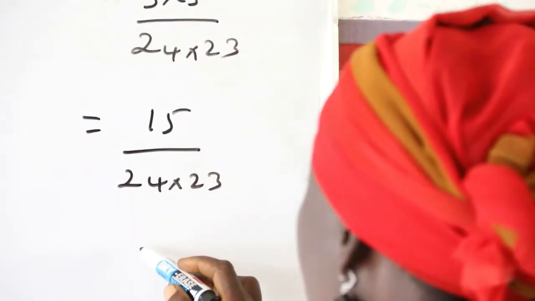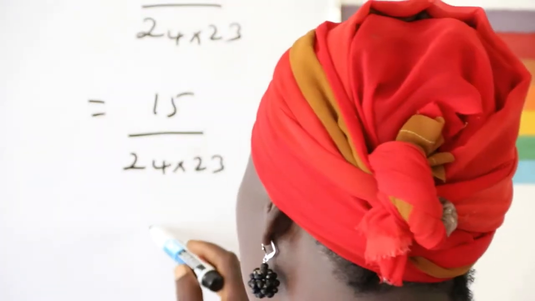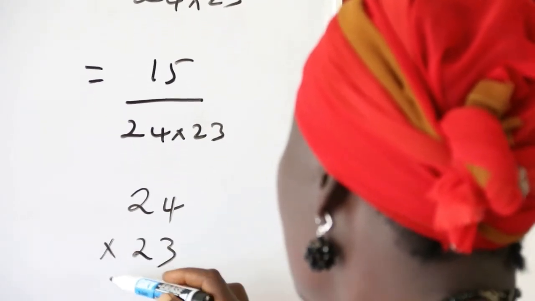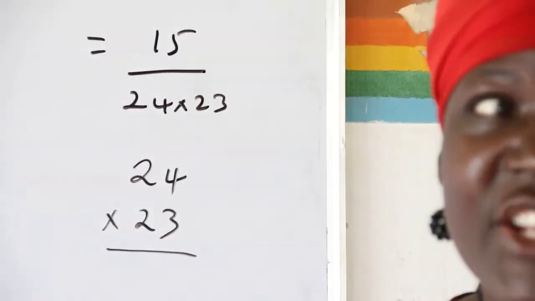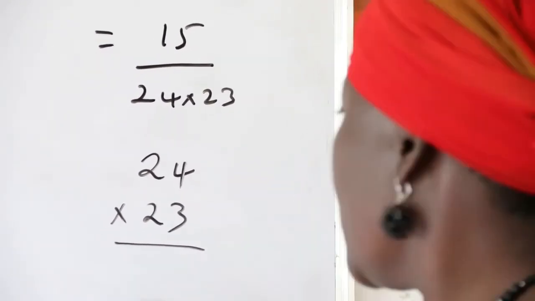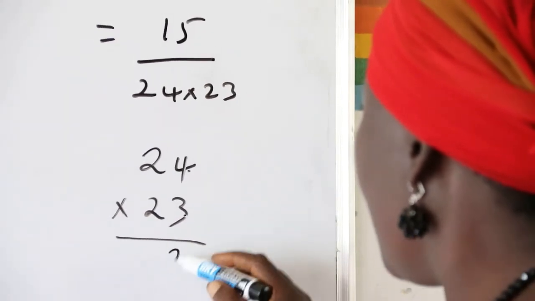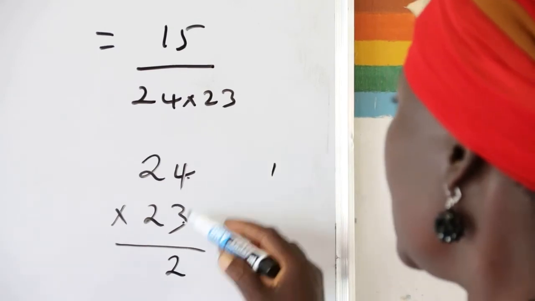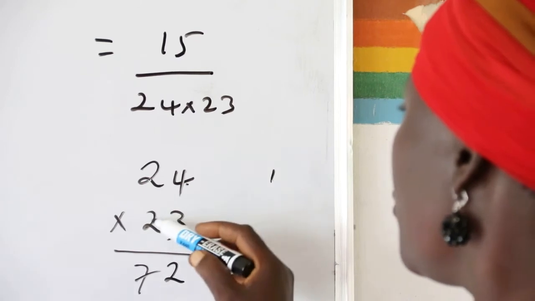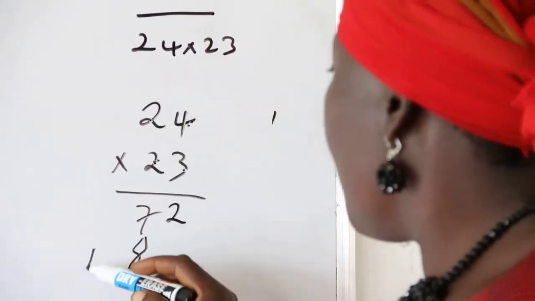We have to do our long division method, which we call the traditional method. So we have 24 times 23. If it were 0 at the end, it would be very cheap for us to get this one, but all of them are significant figures. So we have 3 times 4, we have 12, 2 carry 1. 3 times 2, 6 plus 1, 7. 2 times 4, we have 8. 2 times 2, we have 4.